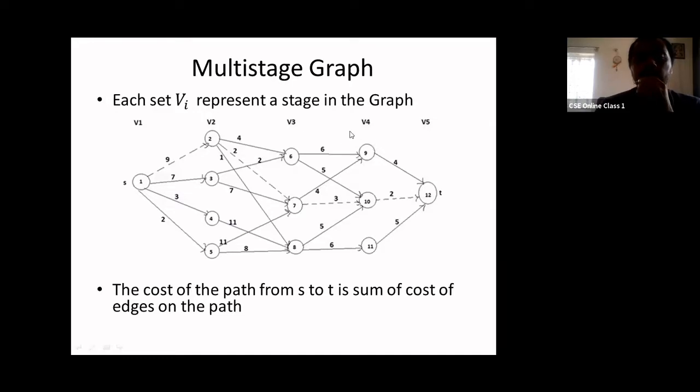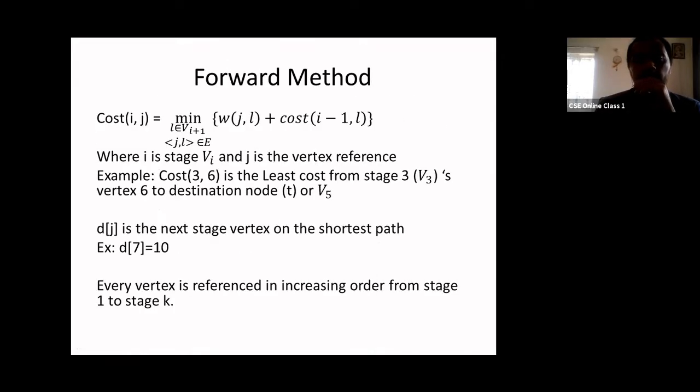That is nothing but cost of I minus 1. I think it has to be I plus 1, because we are going for the next stage. Am I right? So if I is the stage of the vertices, that is the multi-stage graph, and J is the vertex, and we are connecting from J to L, where L is the next stage vertex, then the cost will be the connecting cost from J to L plus the shortest path from L to sink.